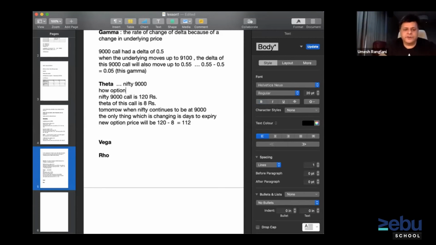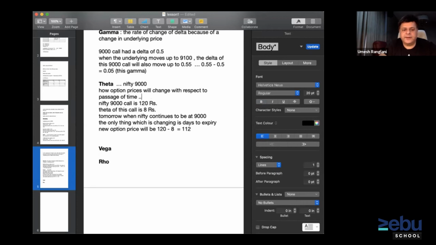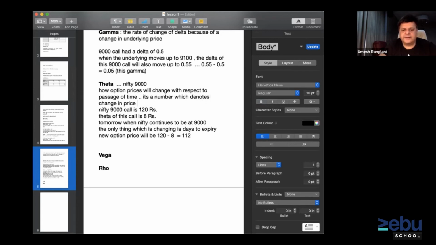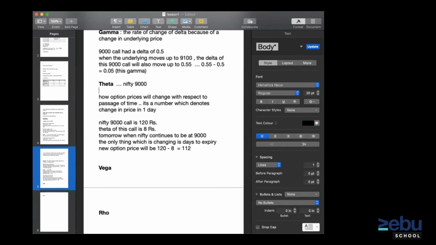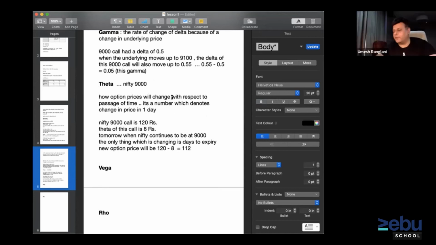How option prices will change with respect to passage of time. It's a number which denotes change in price in 1 day.